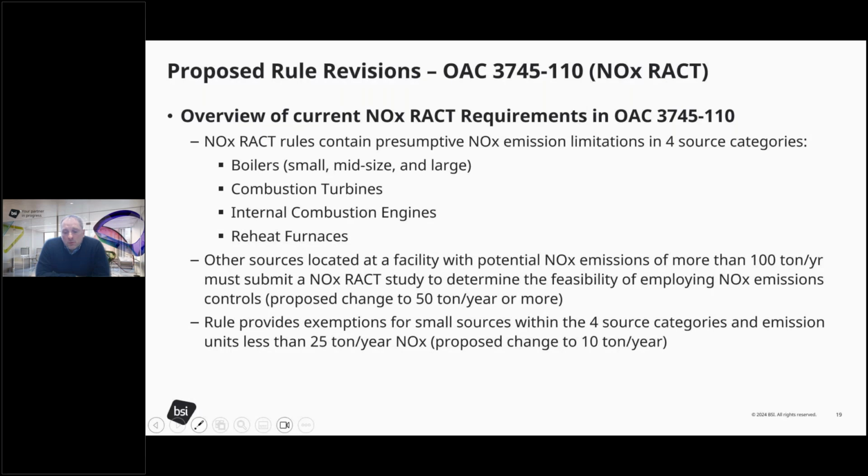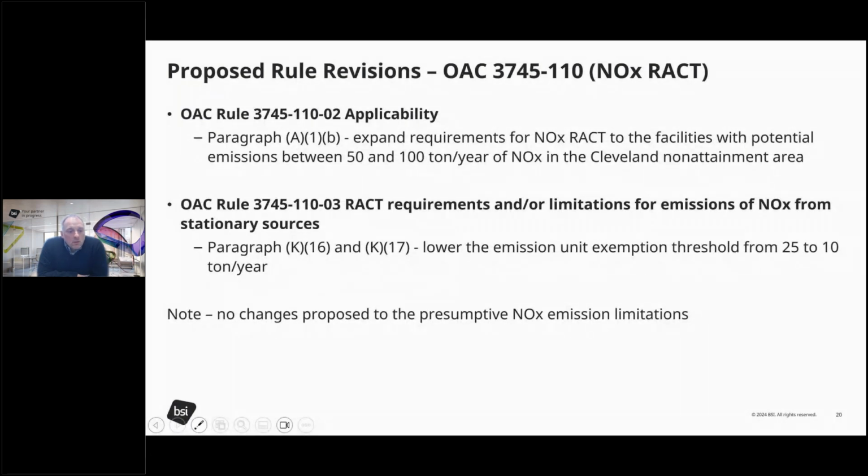The rule also provides some exemptions from the requirements for those units that emit less than 25 tons per year NOx. However, that's changing with the rules that I'll talk about here in a second. So the applicability section of the NOx RACT rule in Chapter 110 is being revised to expand the requirements for NOx RACT to facilities with potential emissions between 50 and 100 tons per year, again, to be consistent with the major source definition.